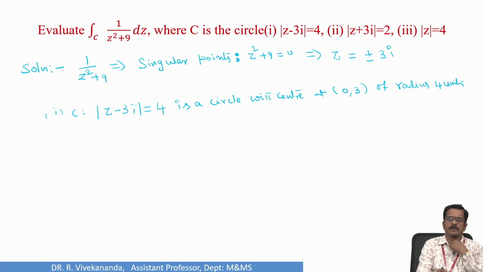Now, whether the singular points lie inside or not, you check. First, you identify your singular points and write them separately. Singular points: z equals minus 3i, plus 3i.